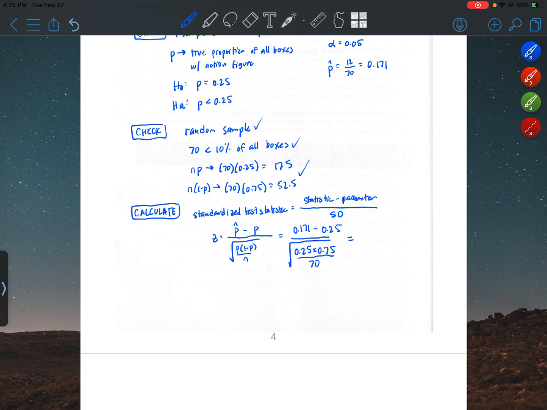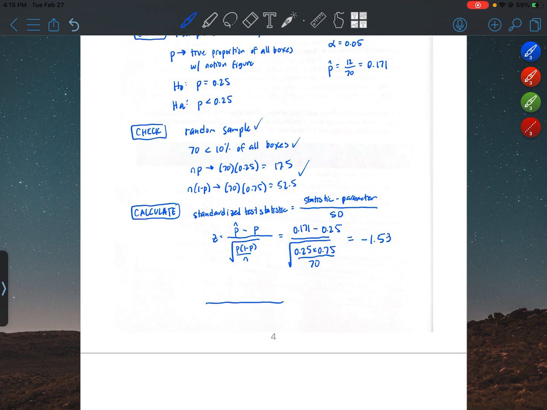So 0.171 minus 0.25 divided by the square root of 0.25 times 0.75 over 70. We get a standardized test statistic, aka a z-score, of negative 1.53.